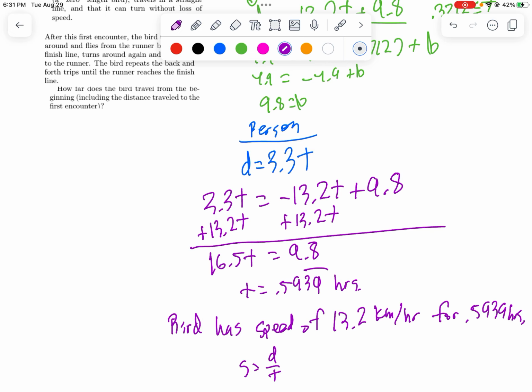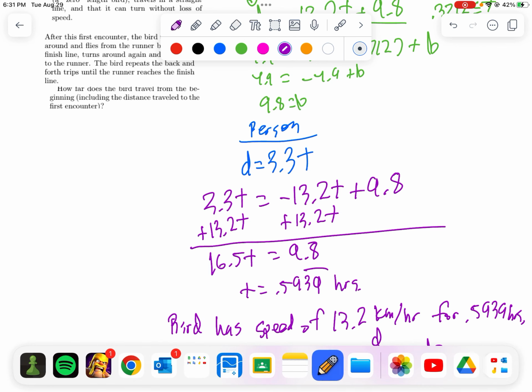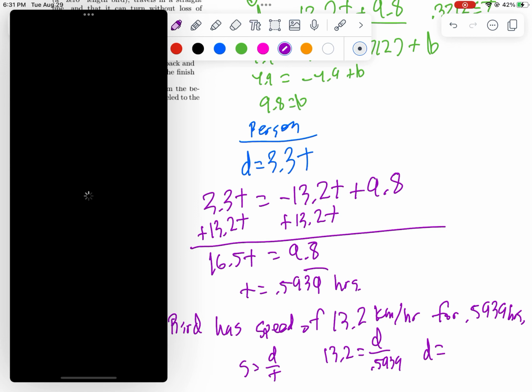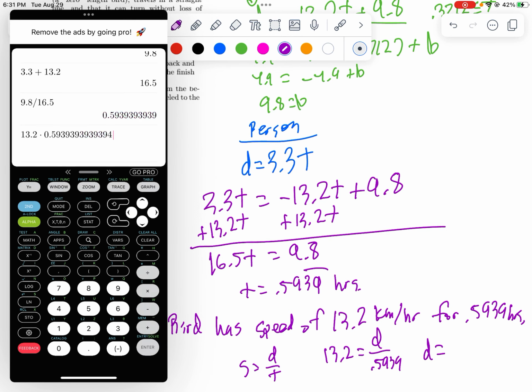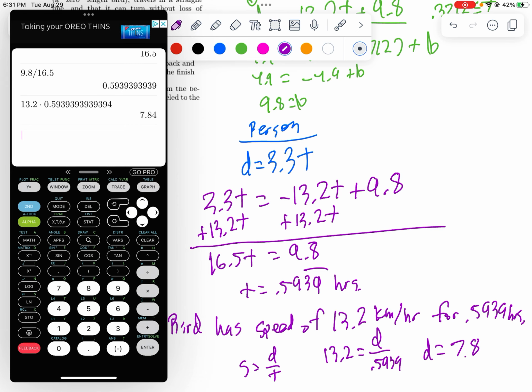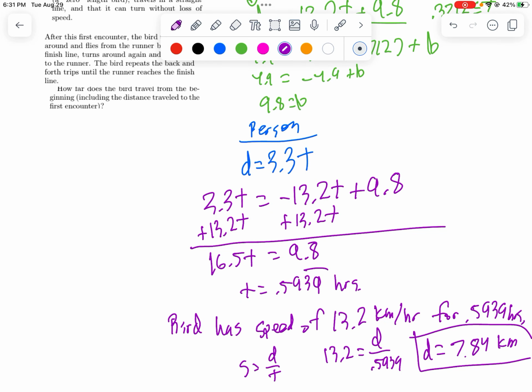So to solve for distance, you just multiply your speed and time. So distance is 13.2 times 0.5939. So 13.2 times that time is our distance, and that is 7.84 kilometers. Cool. So that is our distance that the bird travels.